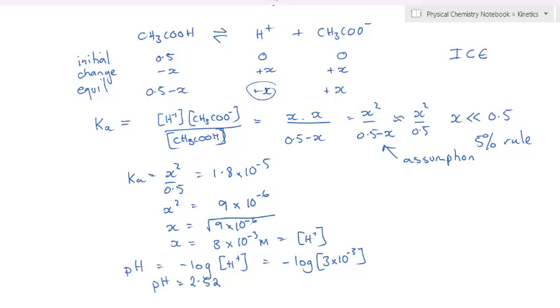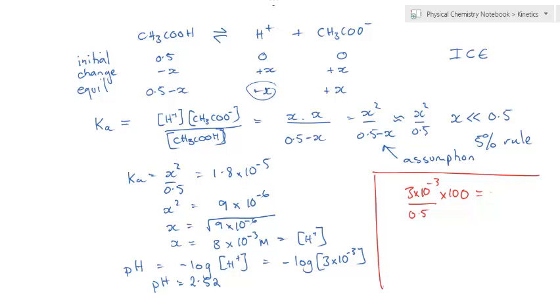Let's just test this assumption. Is this assumption correct? Well, let's see. We have 3 by 10 to the minus 3 was our X, and we're going to divide that by 0.5 and times it by 100. And that gives us 0.6%.